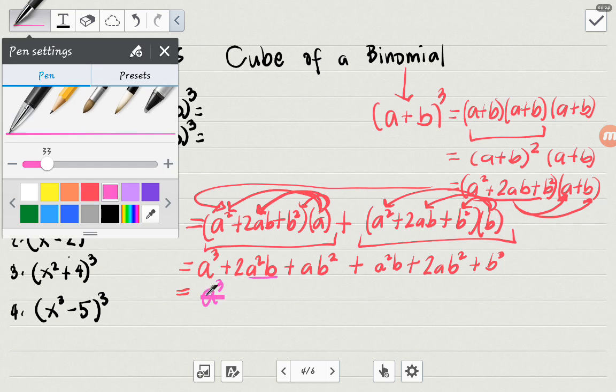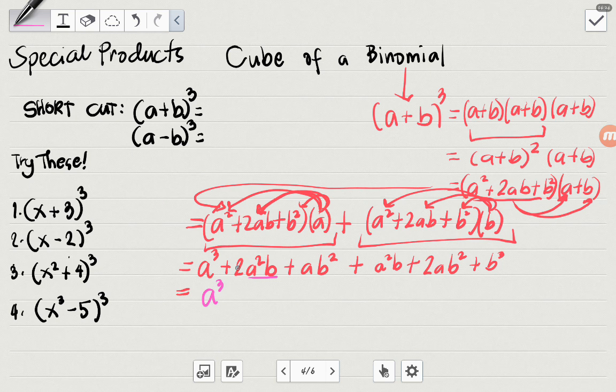Okay. Balik tayo dito. So, hanapin natin yung similar terms, which is this one. So, 2a square b plus 1a square b. You'll have 3a square b. Okay, plus similar in ab square.